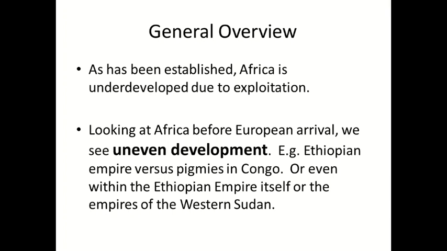If we look at Africa before the arrival of the Europeans, we see uneven development. For example, we have the Ethiopian Empire in that period versus pygmies who live more simple lifestyles in the Congo, or even within the Ethiopian Empire itself, the empires of the Western Sudan, that's the empires of West Africa.